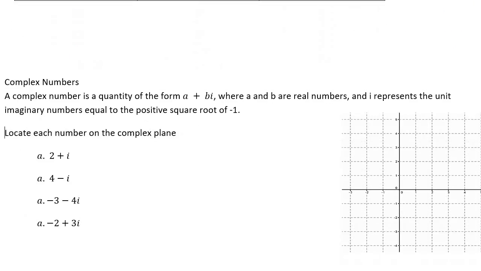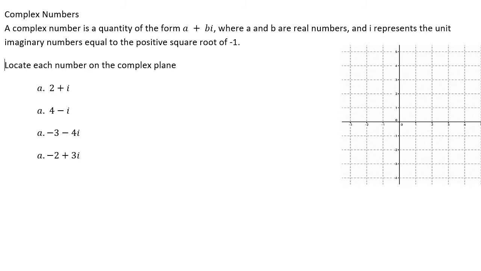Here is an extension of imaginary numbers to include real numbers. A complex number is really any number of this form, a plus bi, where a and b are real numbers and i is the imaginary number that we have been talking about.